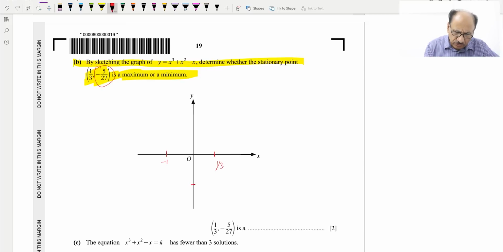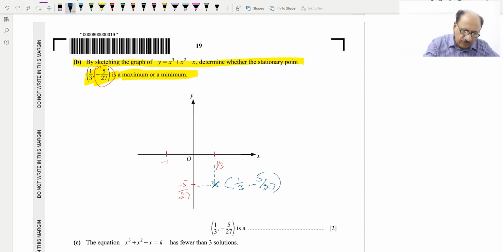Suppose over here minus 5 over 27. Now this one basically we will check the point of intersection over here, and this point will be our given point, which is 1/3 and minus 5/27.